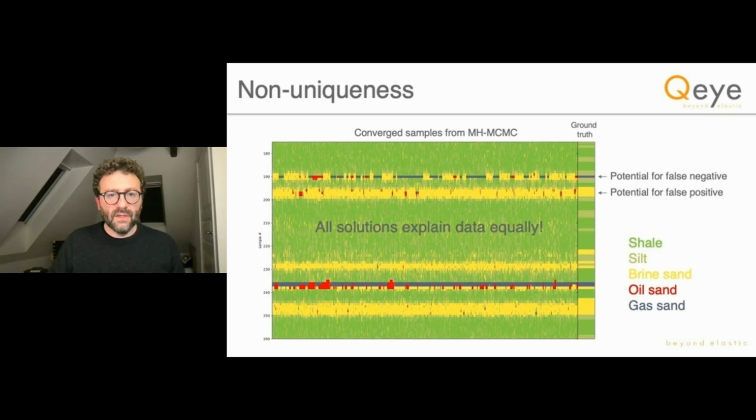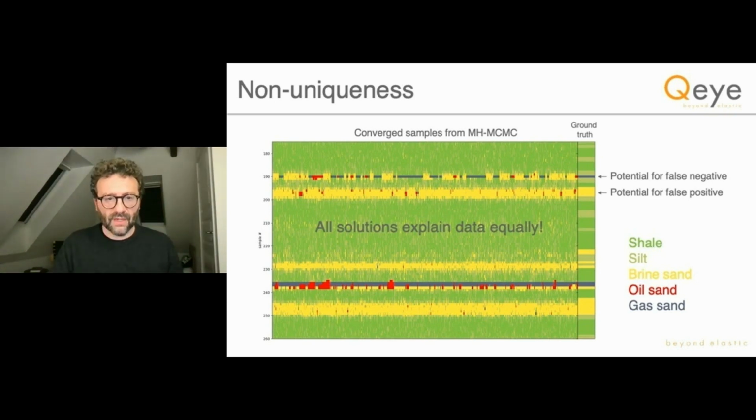If we now get seismic back into the picture, so now we have noise and we have realistic facies classes that overlap in the crossplot, things get complicated. In this figure, we have the ground truth to the right, and we have 500 solutions that fit the seismic data equally well within a realistic noise level.